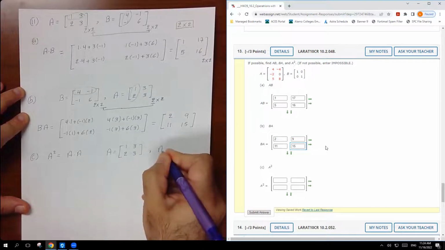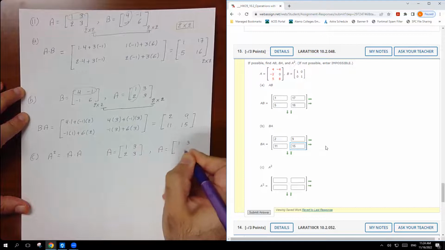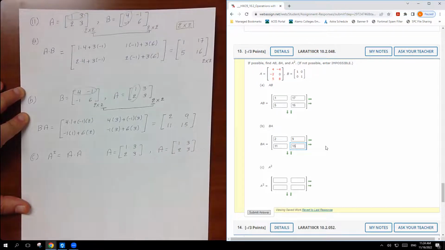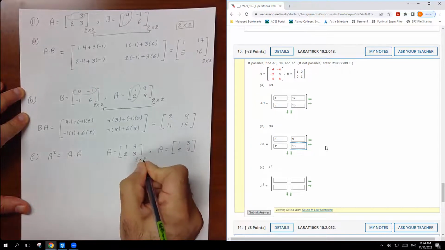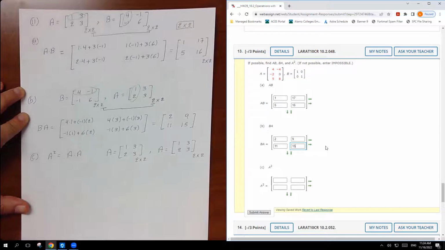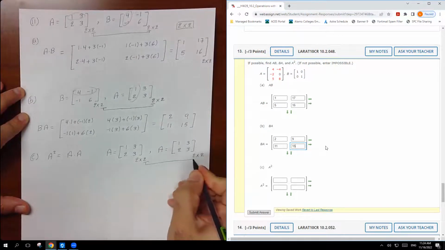And I'm going to write down again this one, so I'm not going to do mistakes. 1, 3, 2, 3. The dimensions, 2 times 2. And here also 2 times 2. So we can do the multiplication between these two matrices because we have exactly the same dimension.